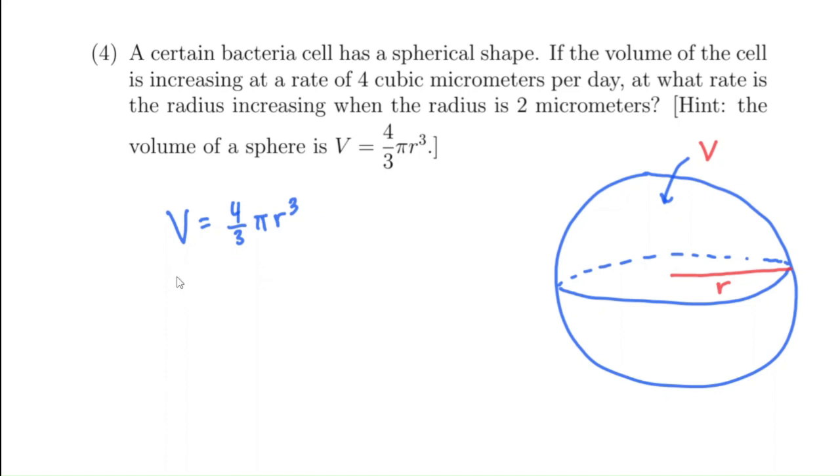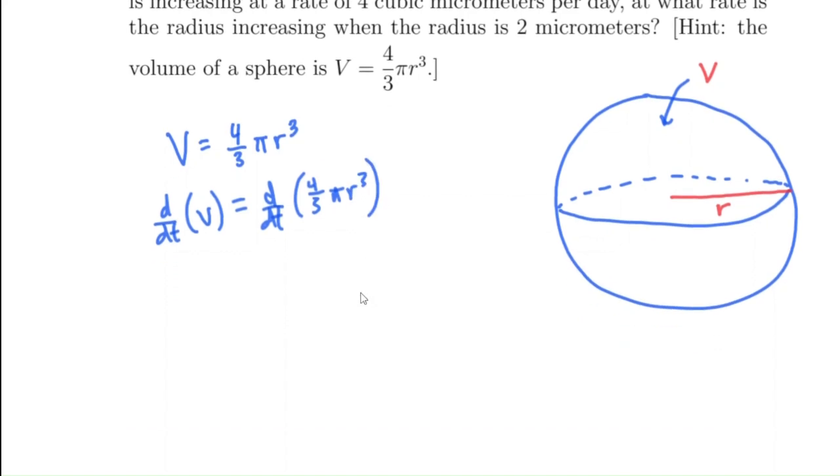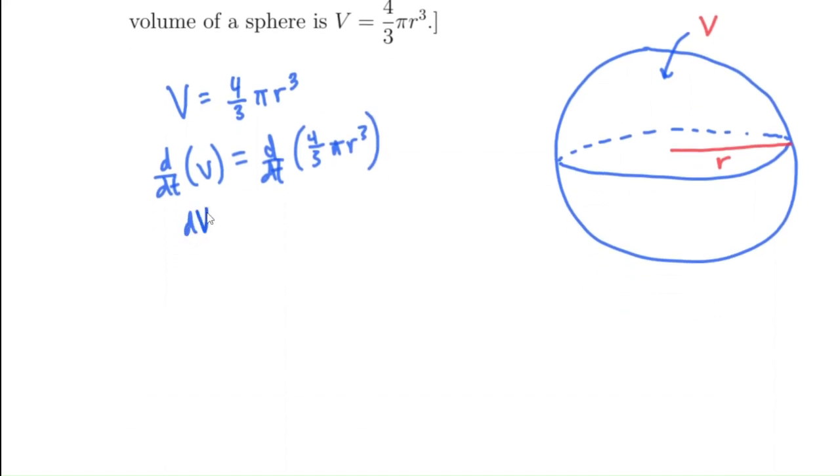Now, remember, the next step is to take a derivative of both sides with respect to t. Okay, look at this equation. Take the derivative of both sides with respect to t, and let's see what happens. The derivative of V is just going to be dV/dt. The derivative over here, well, 4/3 pi, that's just a constant. And we have 4/3 pi r cubed.